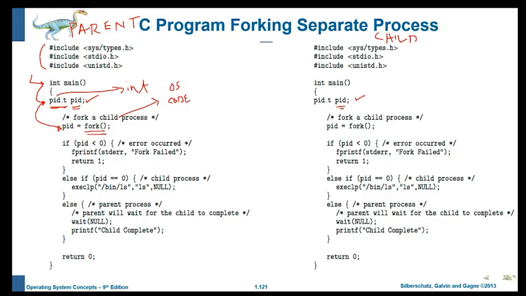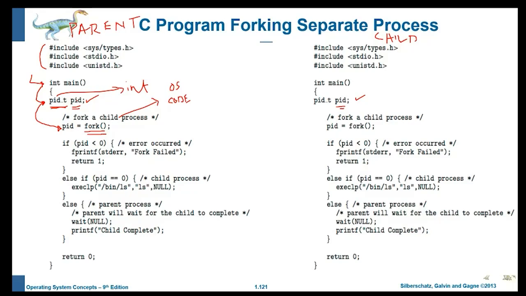If the child changes this PID, then the PID for the parent is not going to change, because the code is identical but now residing in two separate locations, one for the child, one for the parent. The PID variable exists on the stack. Well, there are two different stacks. The contents are identical at the time of fork, but after fork, they can have different contents because the locations are different.